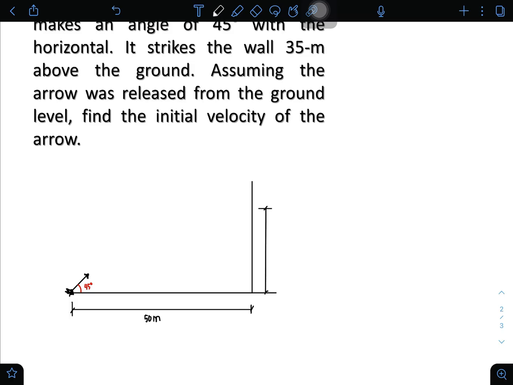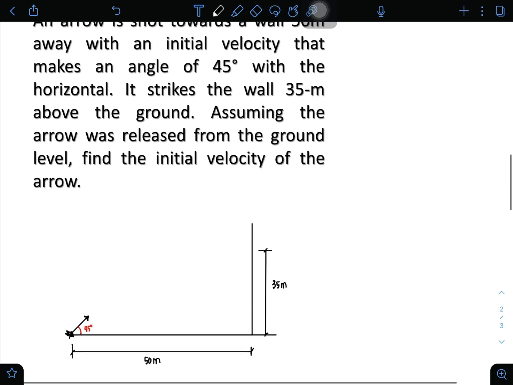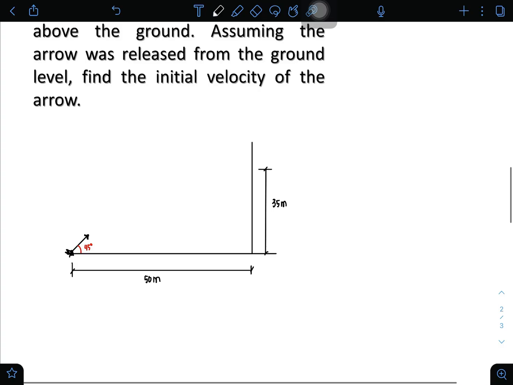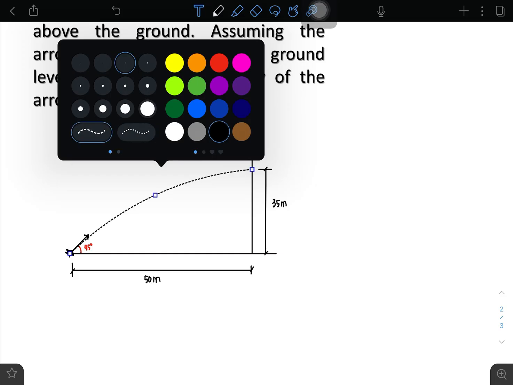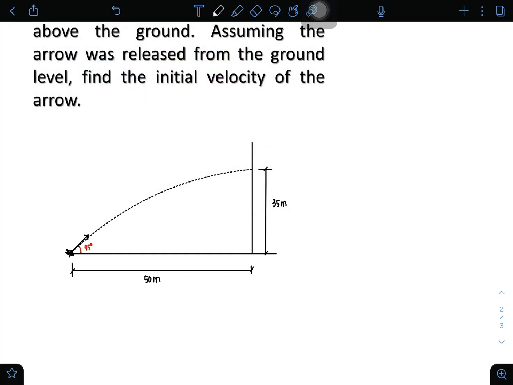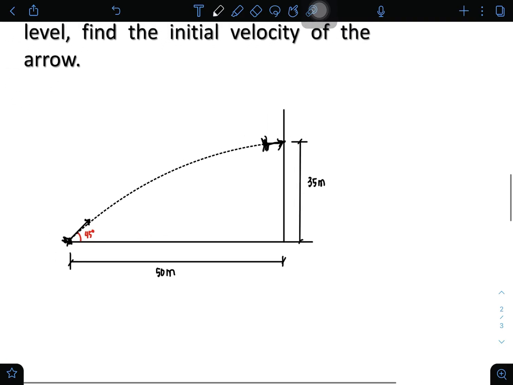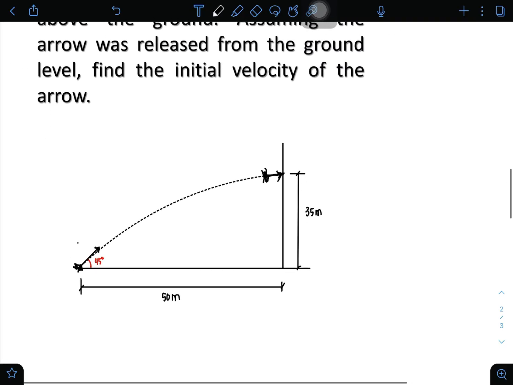Okay, so it strikes the wall. So that's the path of its striking, and after some time the arrow reaches there.